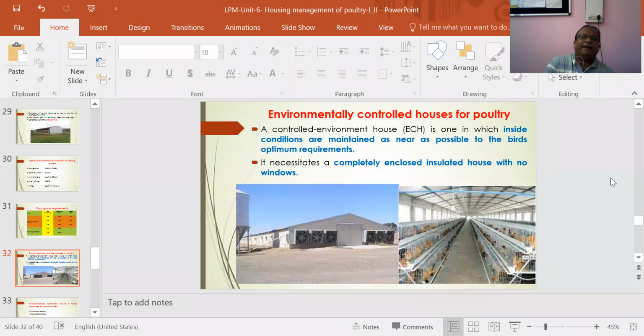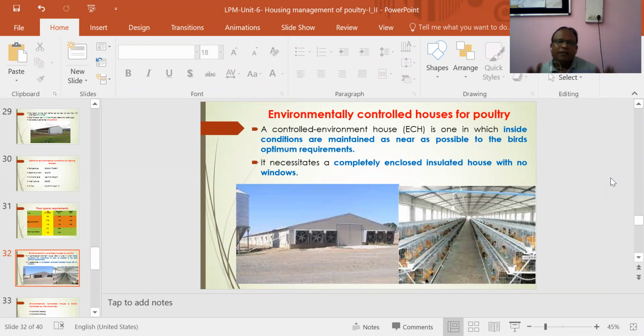Next, environmentally controlled houses for poultry, that is ECH. What is ECH? You have seen that generally we use the deep litter system, that is an open side system, or the cage system. All these systems are open sided, where walls are partially open, not completely open, because the height of the wall from the plinth is approximately 2 to 3 feet.